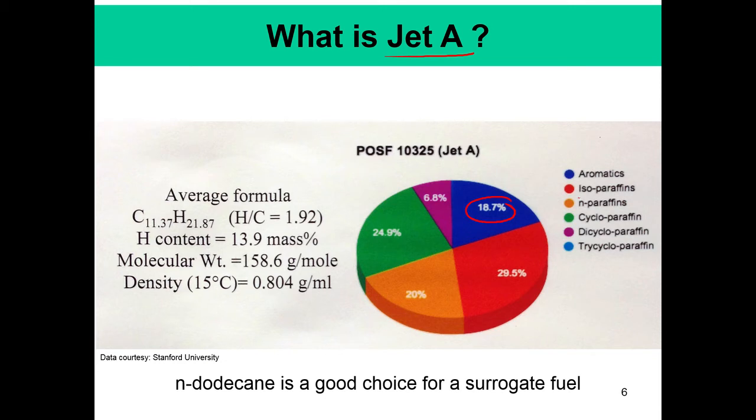But the rest is isoparaffins. Paraffins are nothing but alkanes. Iso refers to the position of the methyl radical, where it is attached to a carbon atom. Then normal paraffins, normal alkanes, cycloalkanes, dicycloparaffin, tricycloparaffin. So, the rest, 81%, is nothing but alkanes.